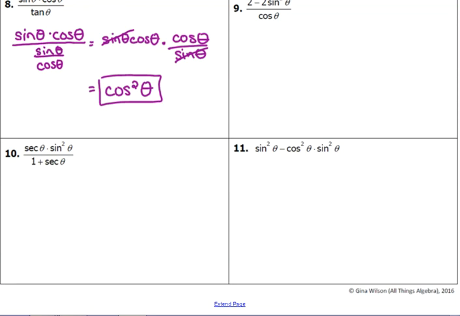Let's try multiplying by the conjugate. This is a method that we use from time to time. If we multiply the denominator by that expression, we also have to multiply the numerator by that expression.